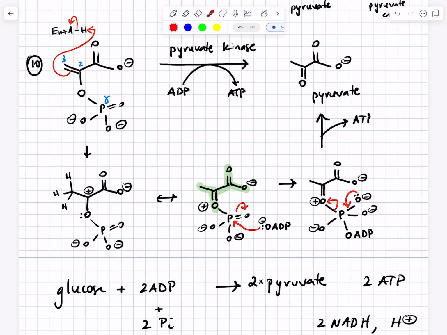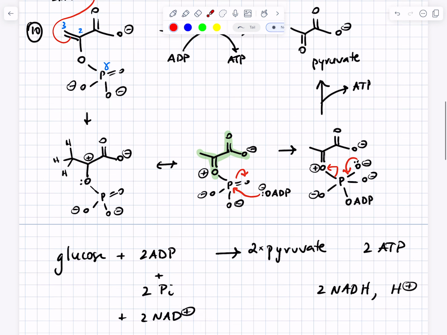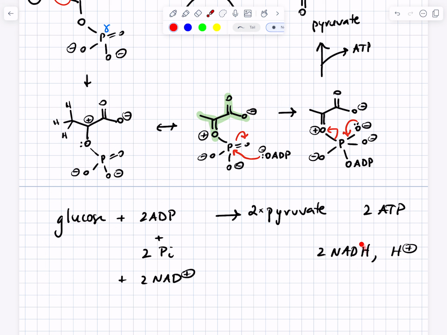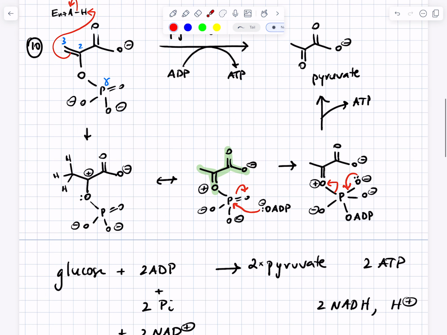And so what your body will do is it will regenerate some NAD+ by taking some of the NADH that you made and reducing pyruvate to lactate. You've heard about lactic acid, and sometimes that's associated with muscle pain, and it usually eases pretty quickly because as soon as your body gets enough oxygen, it no longer needs to make lactate to recover NAD+.